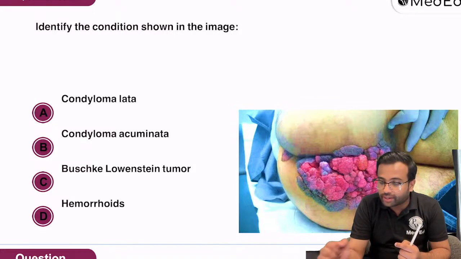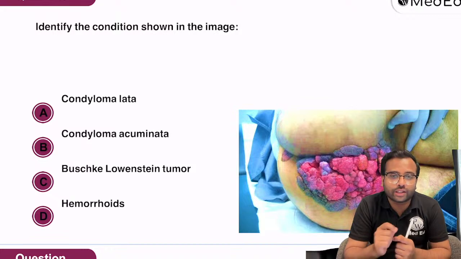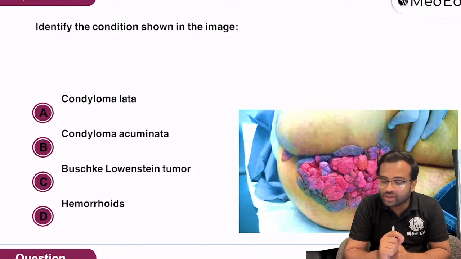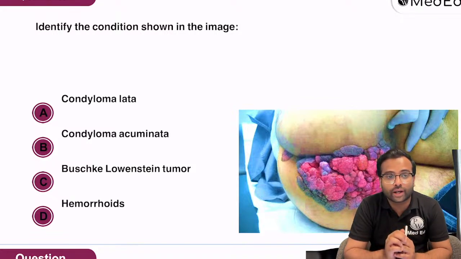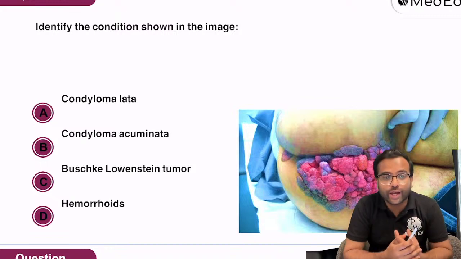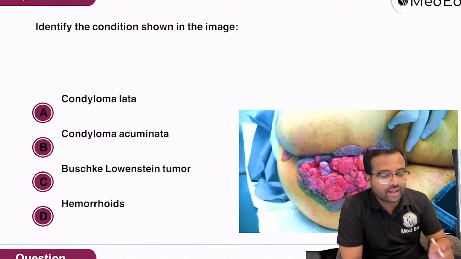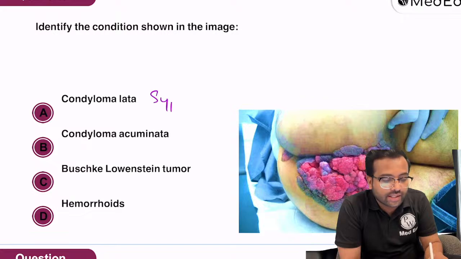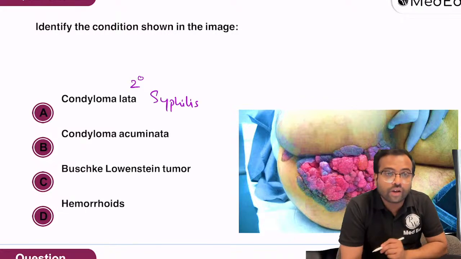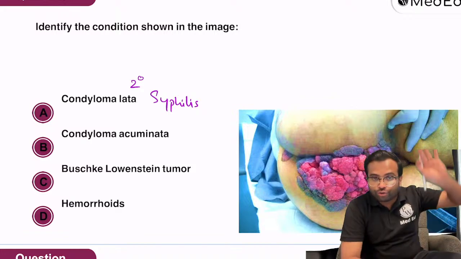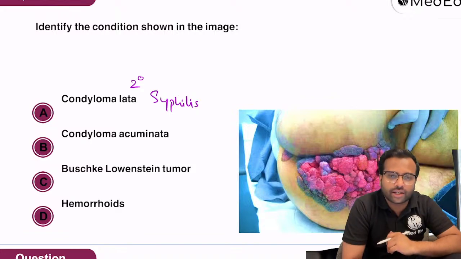So Depaki seems to be very, very confident. That is why she's like C, C, C, C. What is it? So I'm getting answers as A, C. What else? B. So now there is confusion because there are answers of A, B, C and everything. See, remember condyloma lata is what you can see in syphilis, especially in secondary syphilis, where you can see flat topped lesions over the genitalia.